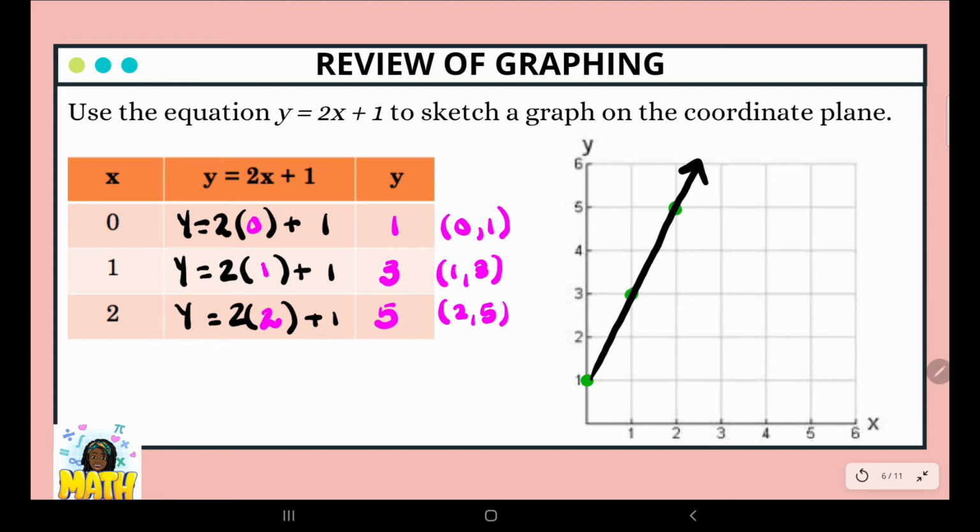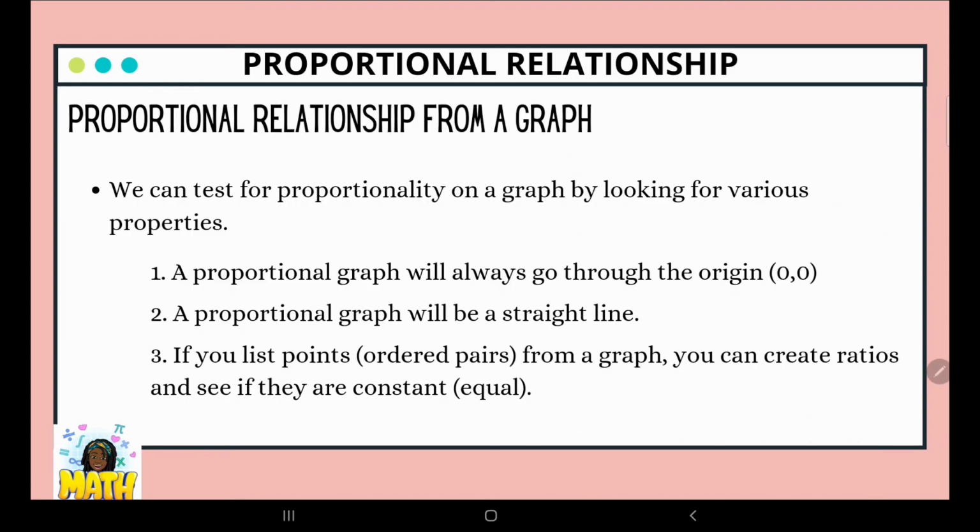We'll hold off on deciding whether or not this is proportional until we get to the explanation of proportional relationships from a graph. Now let's talk about it. Proportional relationship from a graph. In order for a relationship to be proportional, considering a graph, there's a few things we must take into consideration. A proportional graph will always, not sometimes, but always go through the origin, 0, 0.